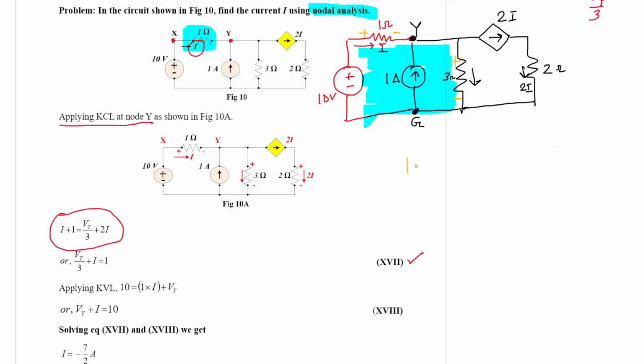So we can write 1 into I plus Vy, because this potential is Vy, and that must be equal to 10. So 10 is equal to I plus Vy. That is equation 18 for us.